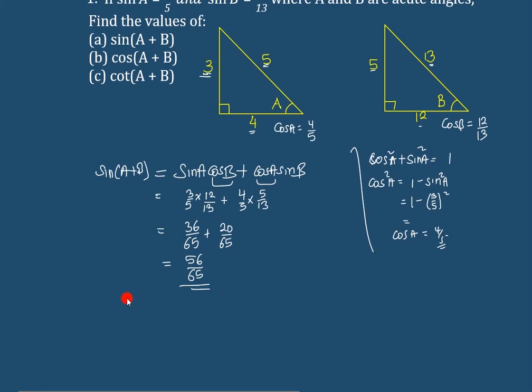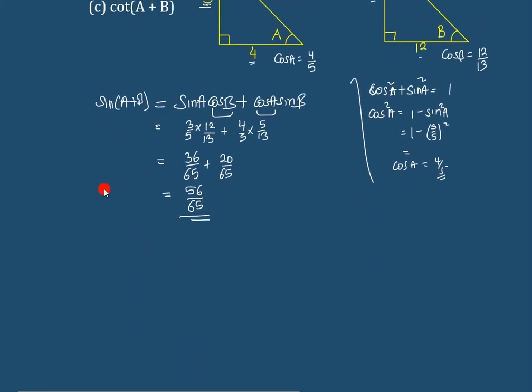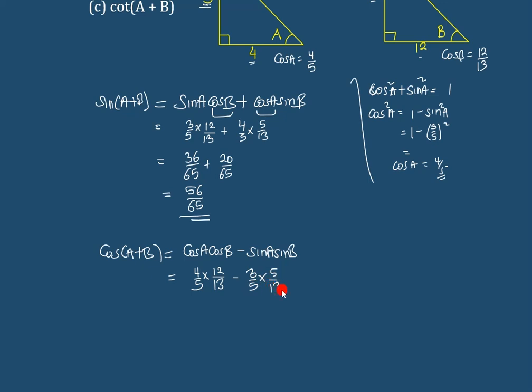Then for cosine of A plus B, we know that this one is supposed to be cos A cos B minus sine A sine B. Cosine of A is 4 over 5, cosine of B is 12 over 13, minus sine of A is 3 over 5, sine of B is 5 over 13.